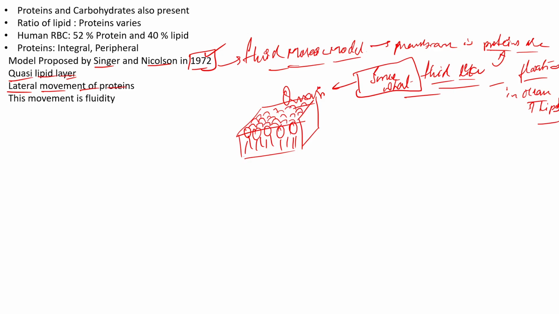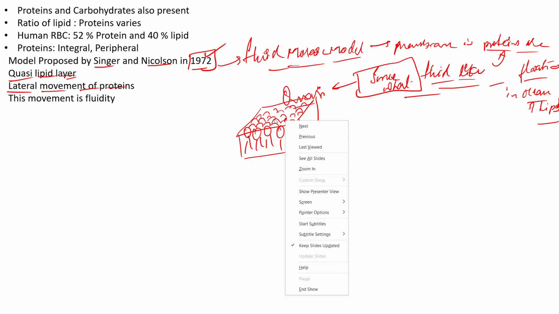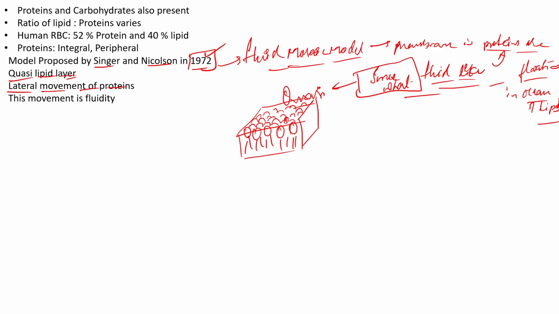On the surface of the lipid molecules, you can see that there is a protein molecule. Assume that this is a protein molecule. What kind of protein molecule am I drawing? The diagram I am drawing here is actually the extrinsic proteins, or we can say peripheral proteins.